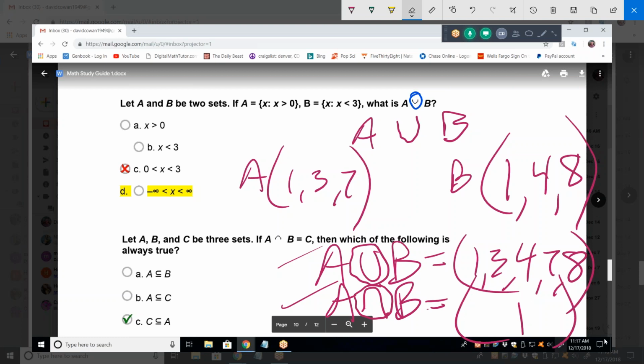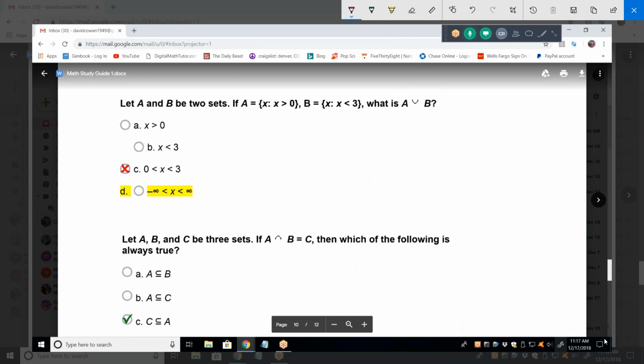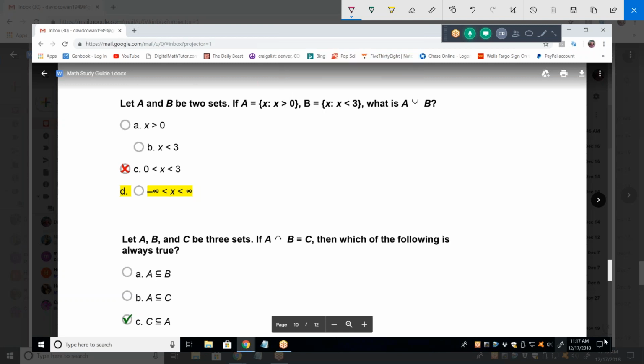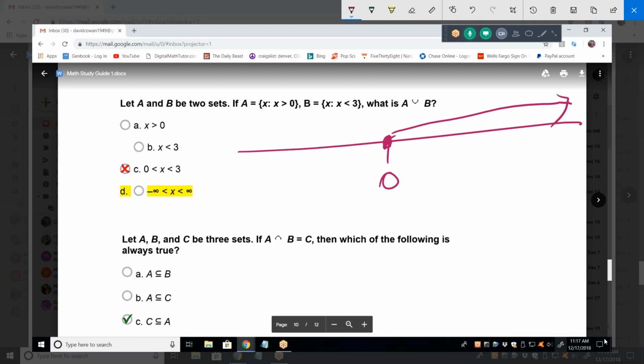Okay? So if we look at this problem they're giving us, the first one, if I drew a number line, it would be all numbers to the right of 0, with an open circle, not a closed circle.